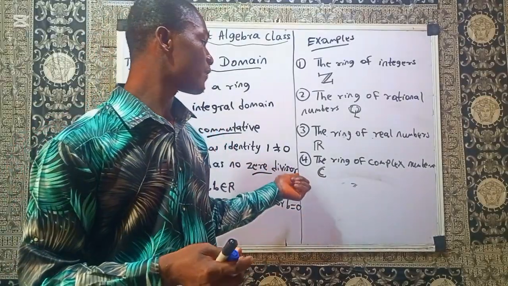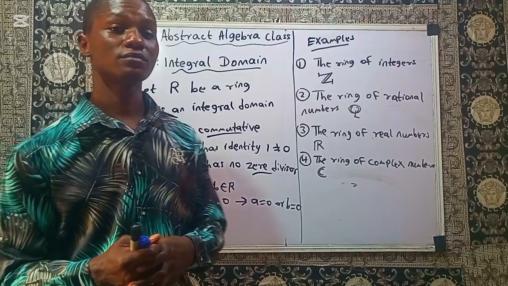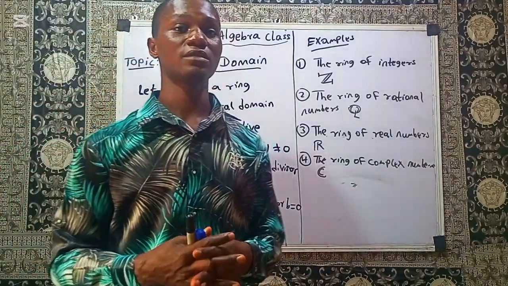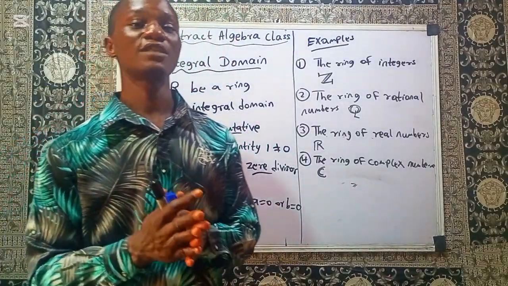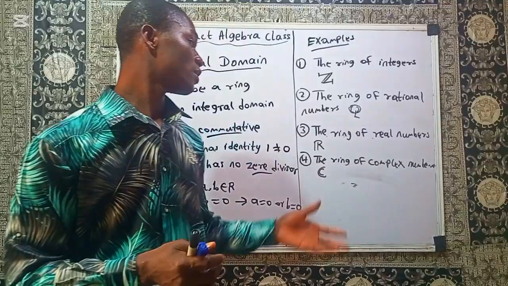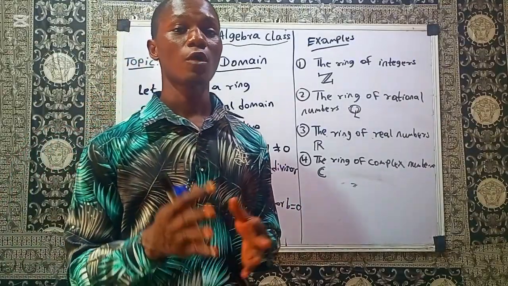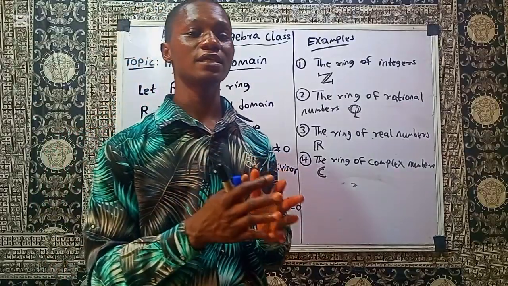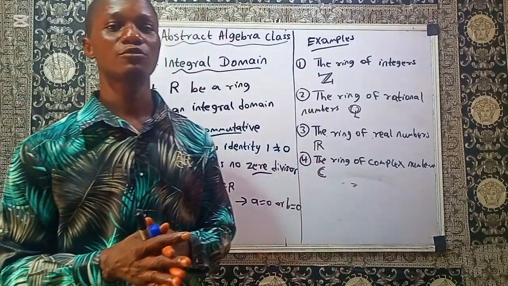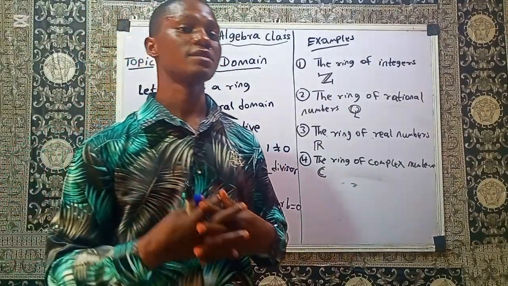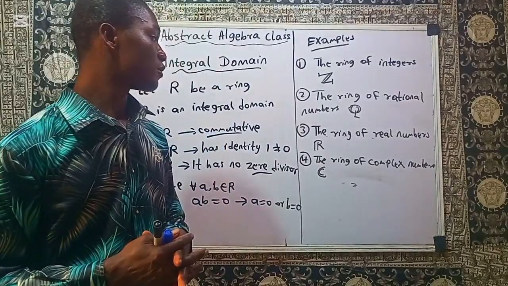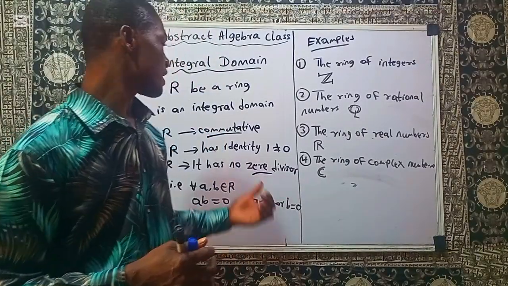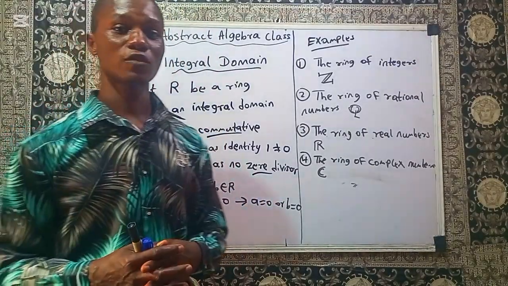So we can think of the identity, the multiplicative identity. The multiplicative identity is 1 for the ring of complex numbers. So 1 is in the ring of complex numbers, and 1 times any element z in the complex numbers gives me back that element z. So it satisfies identity and commutativity. What of zero divisors?